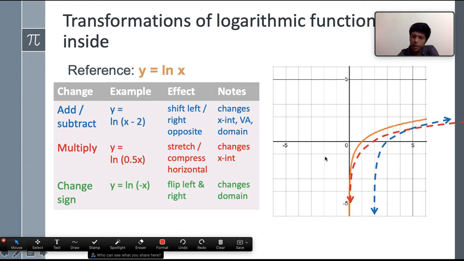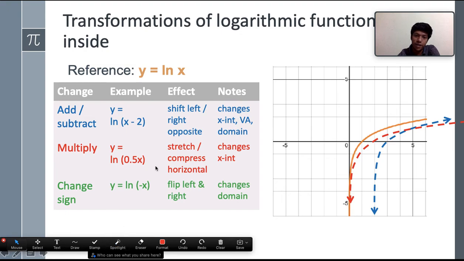It is 0.5. The value is less. That's why, for the 3, the graph was something like this, the graph was here, because at that time you are multiplying by 3, and in this case you are multiplying by 0.5. 0.5 is basically 1 by 2, which means you are making the number smaller.